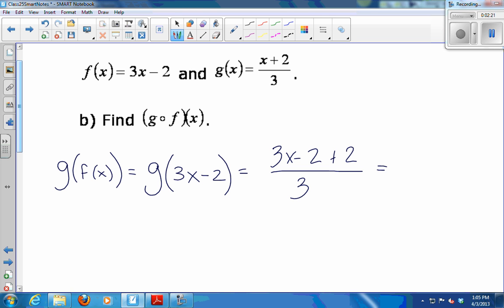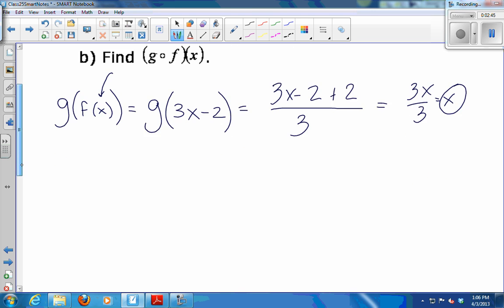Yep, we're just doing composition to start. All right, so 3x minus 2 plus 2 over 3. Well, minus 2 plus 2 is 0. So this becomes 3x over 3, which is x. So we got a round trip, right? We saw that when we plug an x in, you get an x out.